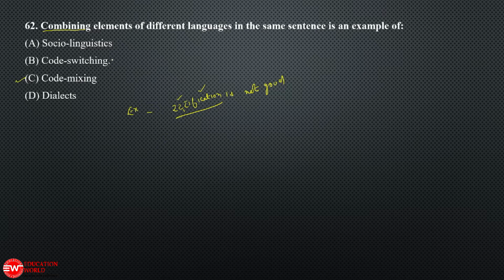For example, the example of code switching here is, I am tired, that अब मुझे आराम करना चाहिए। Now here मैंने क्या किया कि एक सेंटेंस इंग्लिश में बोला और दूसरा सेंटेंस हिंदी में बोला। This is called code switching. ਜਦੋਂ ਅਸੀਂ ਇੱਕ ਲੈਂਗੁਏਜ ਤੋਂ ਦੂਸਰੀ ਲੈਂਗੁਏਜ ਵਿੱਚ ਸਵਿਚ ਕਰ ਜਾਂਦੇ ਆ, that is called code switching.